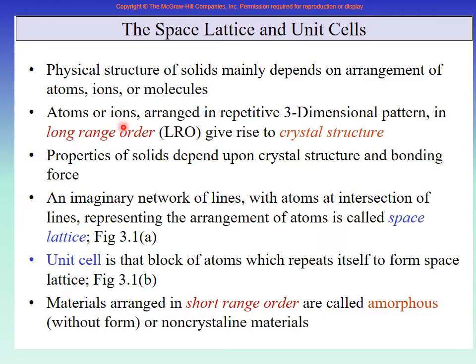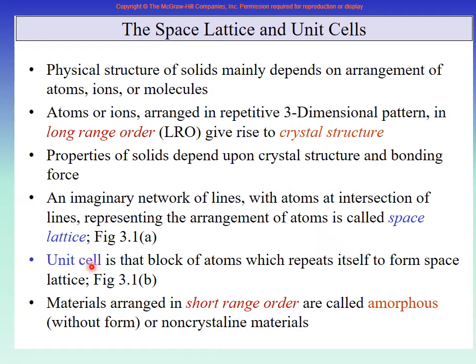And if there is this repetitive long-range order, then this gives rise to what is known as crystal structure. The properties of solids depend upon the crystal structure and the bonding force. An imaginary network of lines with atoms at the intersection of these lines represent the arrangement of atoms in what is called a space lattice. We will show you in the figure.